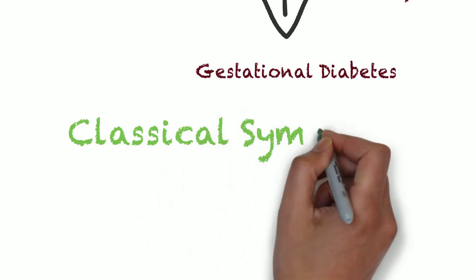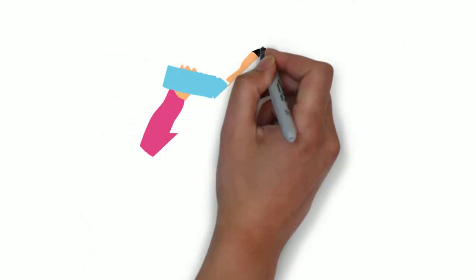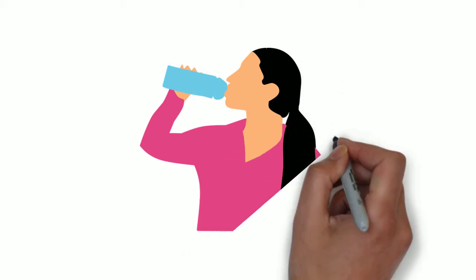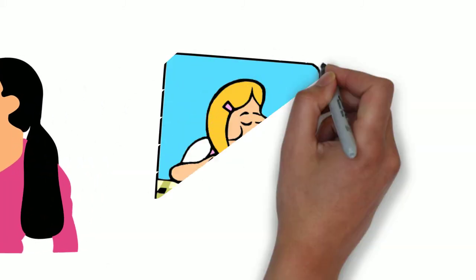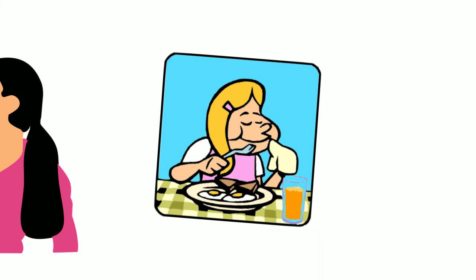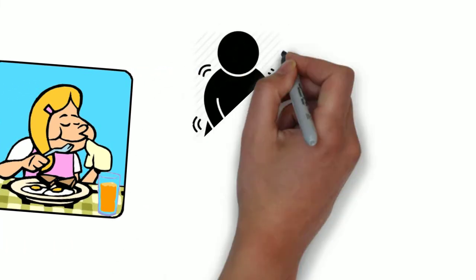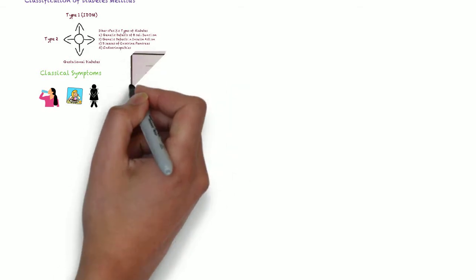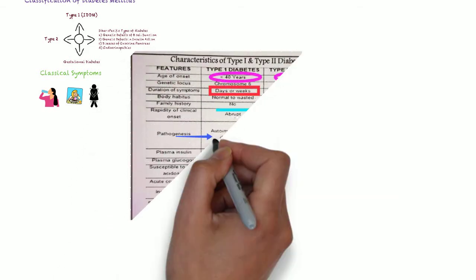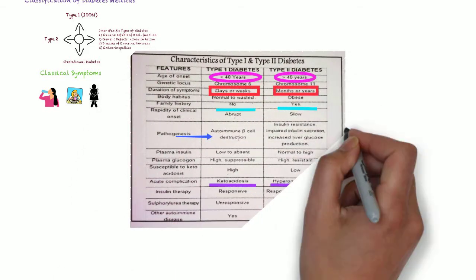The classical symptoms of diabetes mellitus include a triad of polydipsia, that is excessive thirst, polyphagia or excessive hunger, and polyuria or excessive urination. Other characteristics that differentiate type 1 and type 2 diabetes mellitus include age of onset.